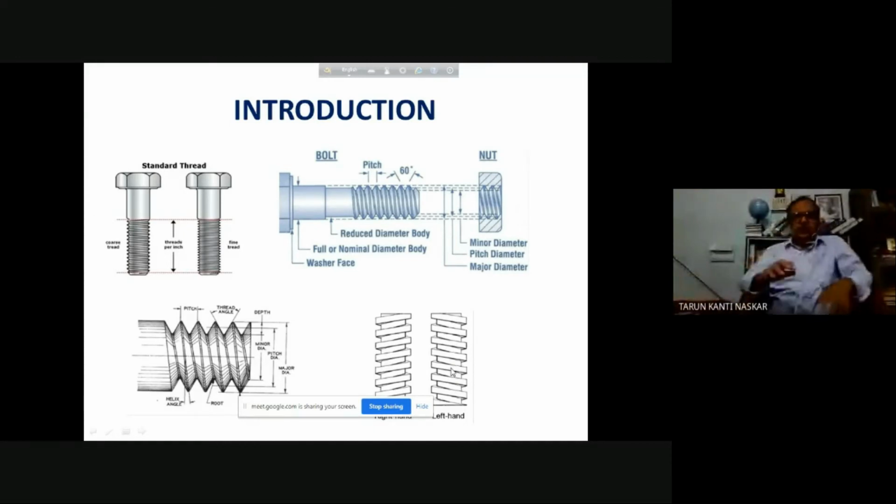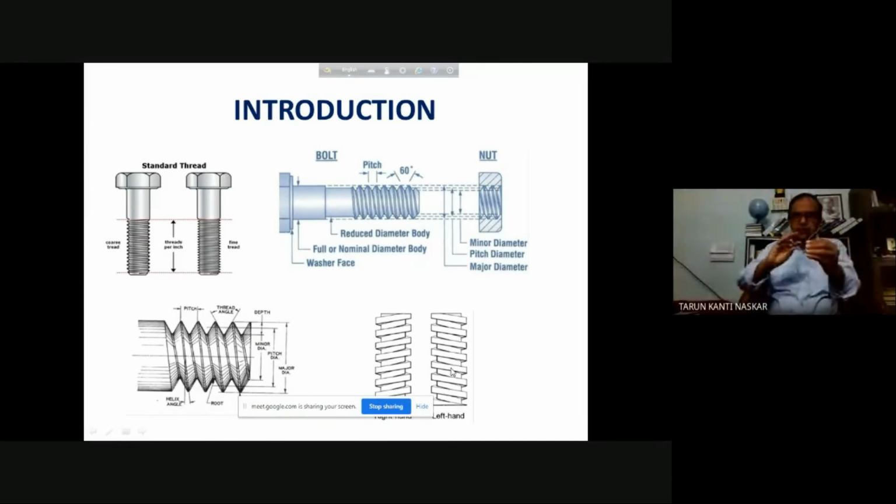Do you know how to differentiate between right hand thread and left hand thread? If anyone knows, how can we identify a right hand or left hand thread looking at the bolt? Suppose there is a nut and there is a bolt.